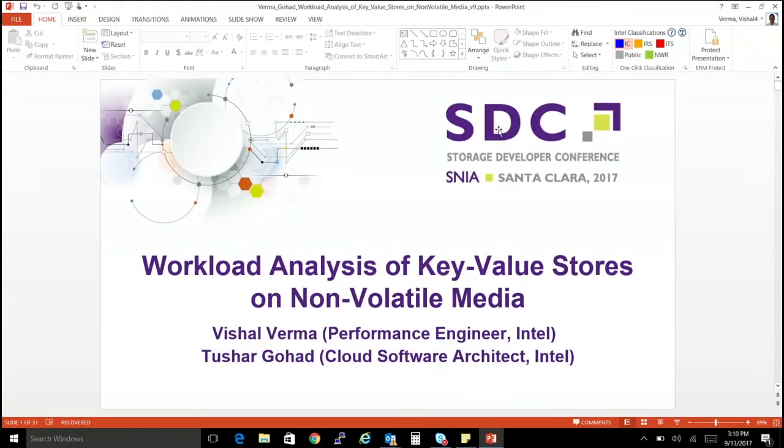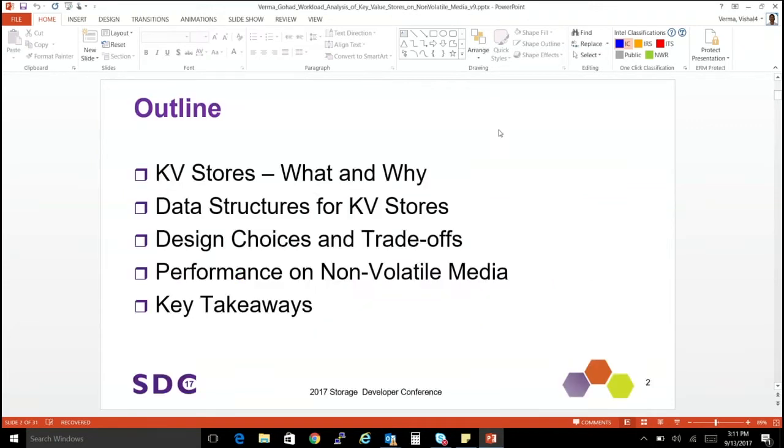So I'm going to talk about some workload analysis of key-value stores on non-volatile media, which is Intel's new generation 3D NAND, which I'll talk about in detail, but that's the topic here.